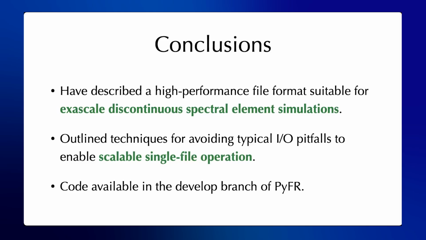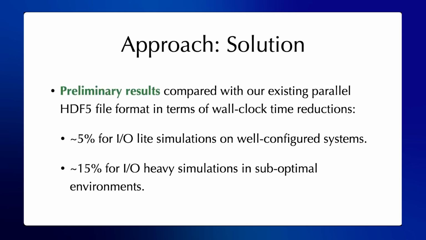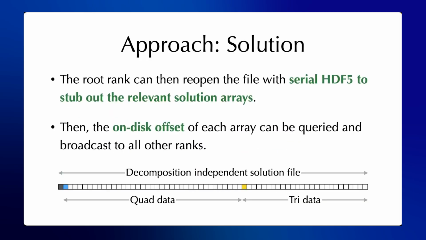What I mean by that is all of these techniques would apply very directly, because before you actually go writing out the solution, there is an all-to-all required, because again, everyone needs to write contiguous data. That needs to be in global order, which is not the order your ranks have it in. So there's this intermediate all-to-all before the writes happen. And so at that point, you can do any coalescing, if you're with CG.